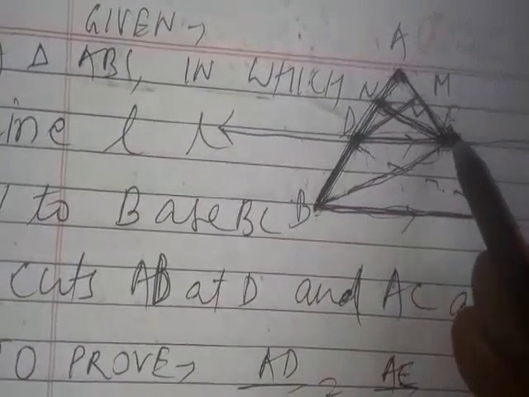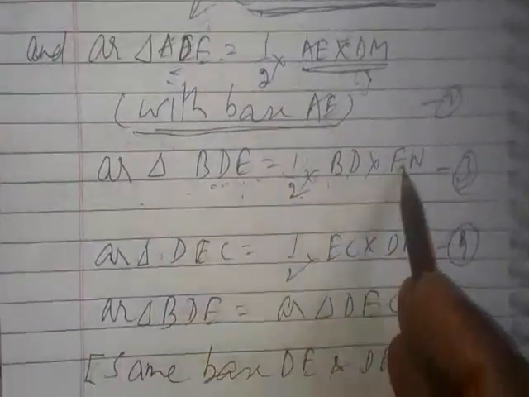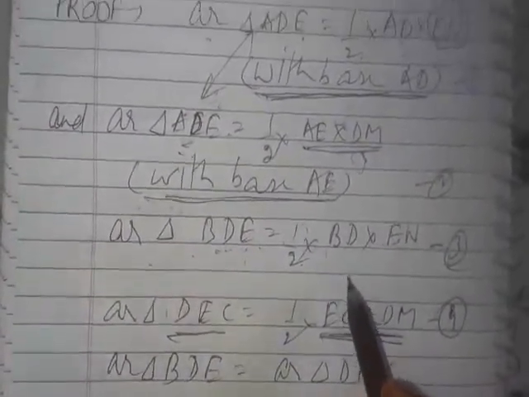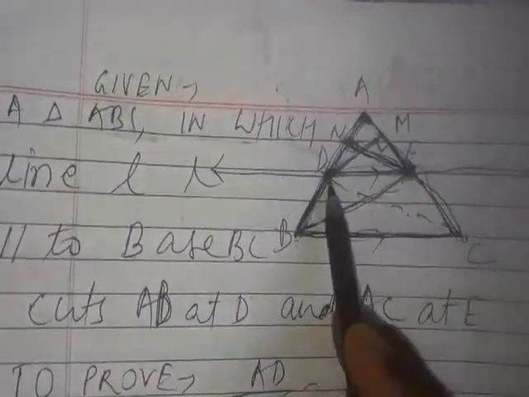Now see, area of triangle BDE is equal to half BD into EN. Similarly, area of triangle DEC can be written as half EC into DM. Here we have triangle DEC with base EC. What is the corresponding altitude?